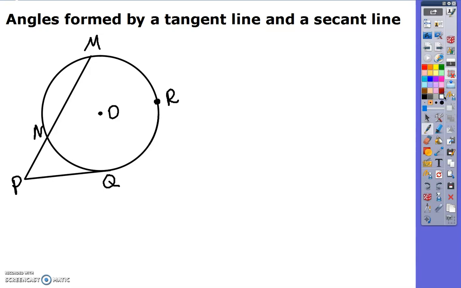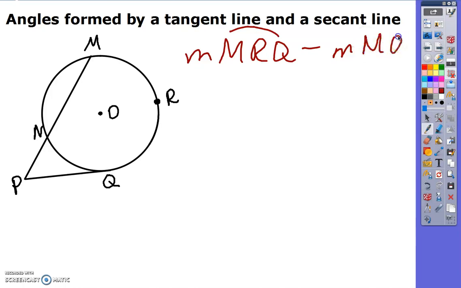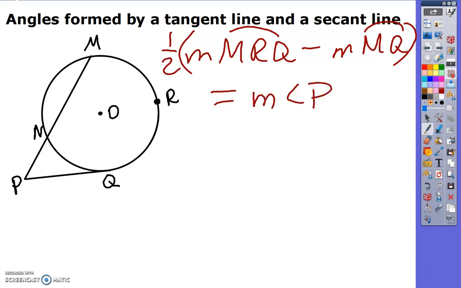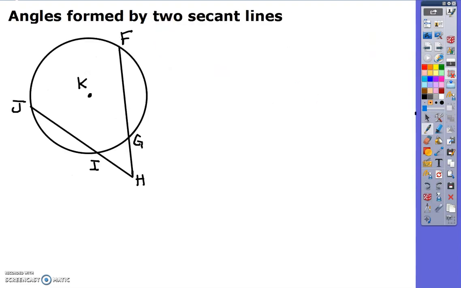So in this situation, the measure of arc MRQ minus the measure of arc MQ, divided in half, is equal to the measure of angle P. And we apply it the same way, although on this they do tend to give us both arcs. And that's how those work. We're going to skip the how do we apply this.